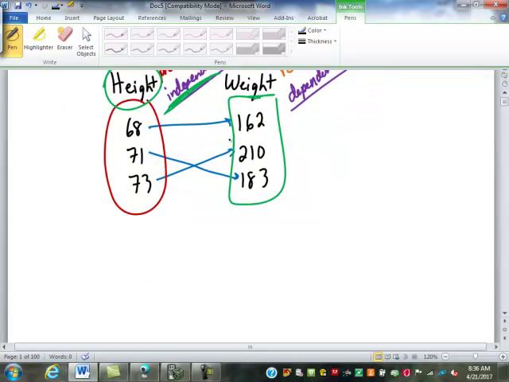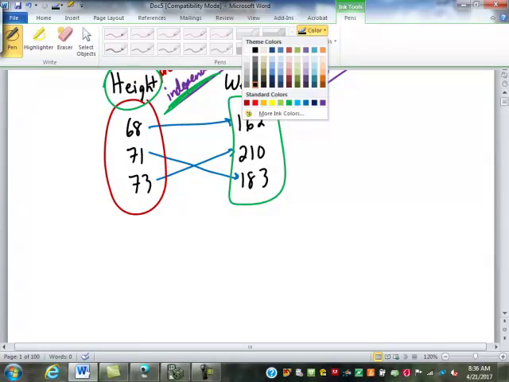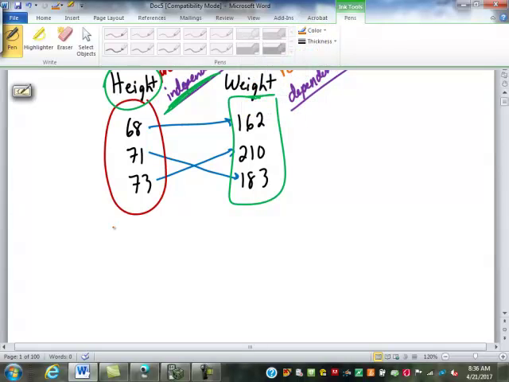So what we need to be able to do is graph numbers that have a relationship like this. We can write them out in a list as a single pair, like for example, 68 goes with 162. We can write them out just like that and make what we call an ordered pair.